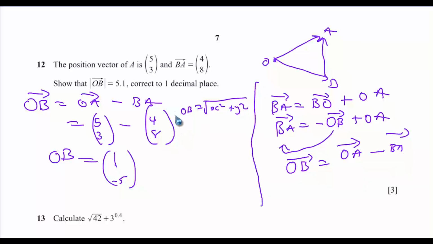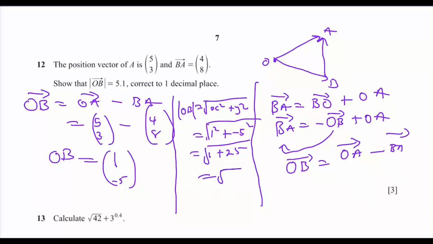So that will be equal to the square root of 1 squared add negative 5 squared, which is 1 add 25. Finally you get square root of 26. So square root of 26 is approximately 5.1. So we have shown that.